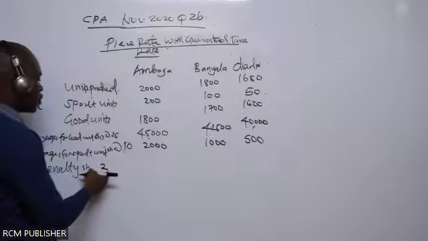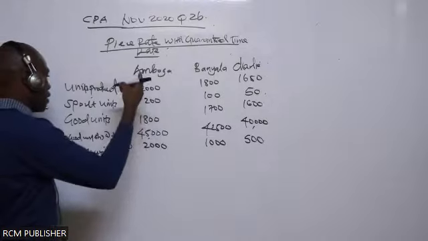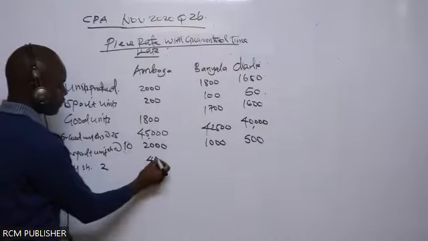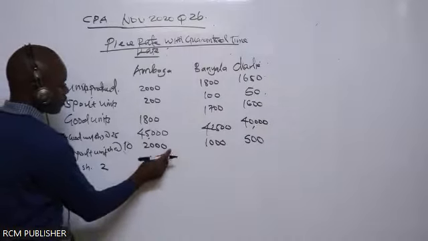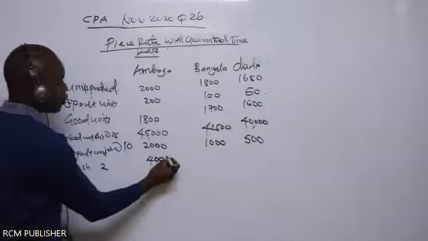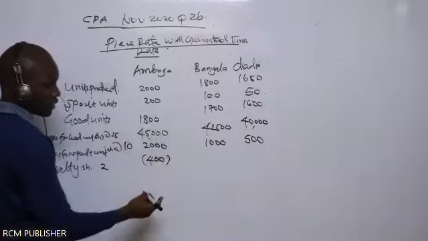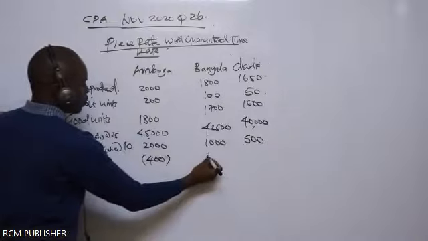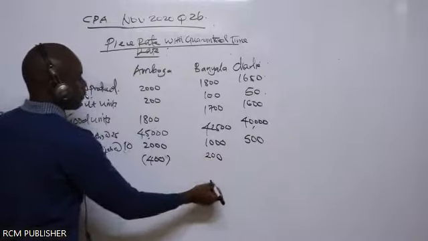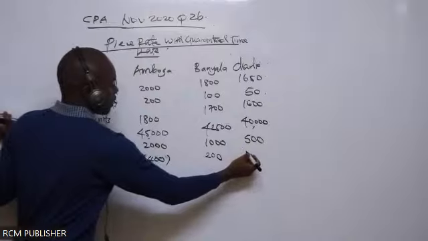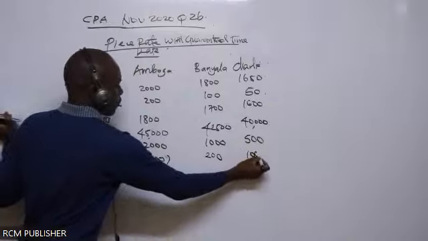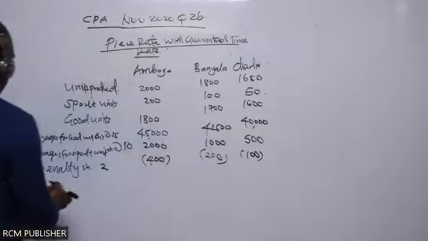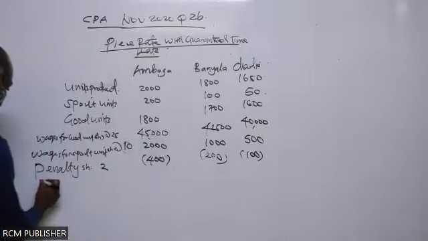So that 2 shillings we multiply by the spoiled products here. So here we're going to have an amount of 400, but that one now we are going to deduct from what they are supposed to be receiving. Then we have 100 by 2 to give us 200, 50 by 2 to give us 100. Now, are we able to get wages receivable?